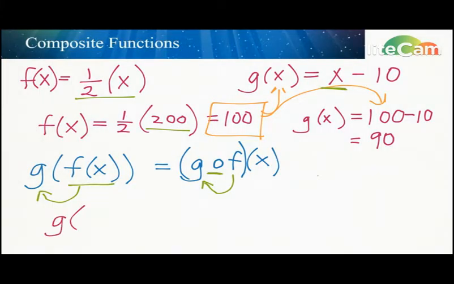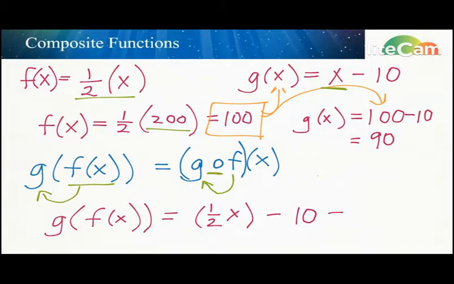If I was asked to do g of f of x, then I would take g, which is x minus 10, and I would put the expression from f into g. That makes sense, doesn't it? Because if I were to still find 200, I could still put 200 into x, get 100, and 200 times 1/2 minus 10 would still give me 90. Okay?